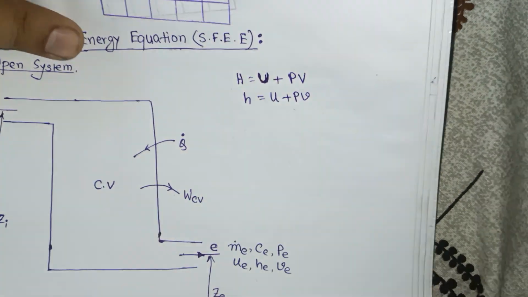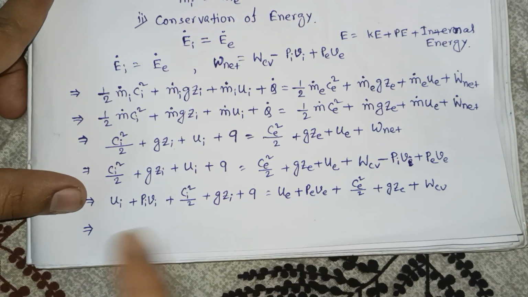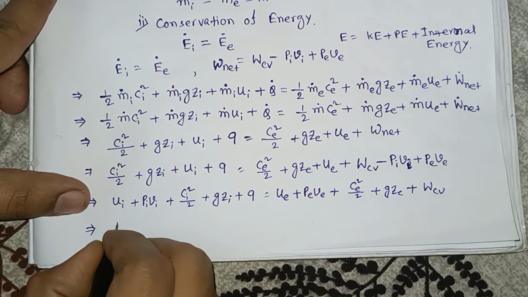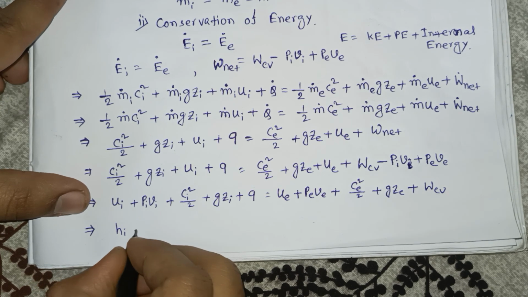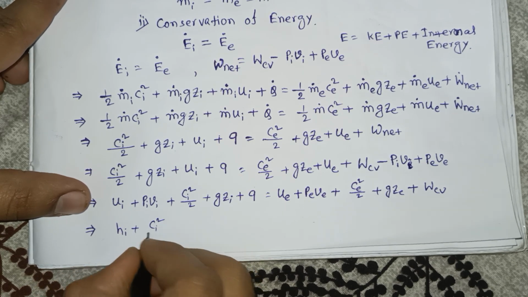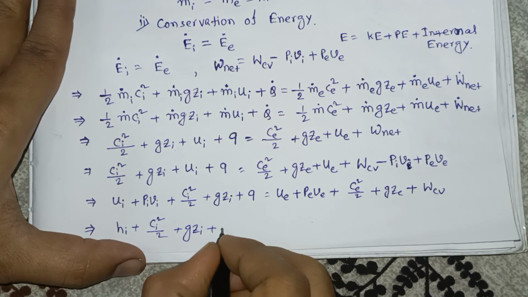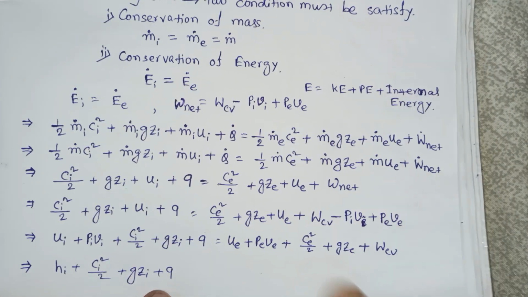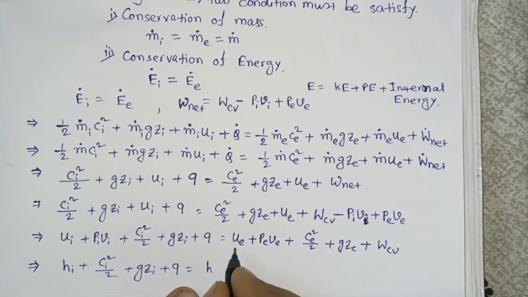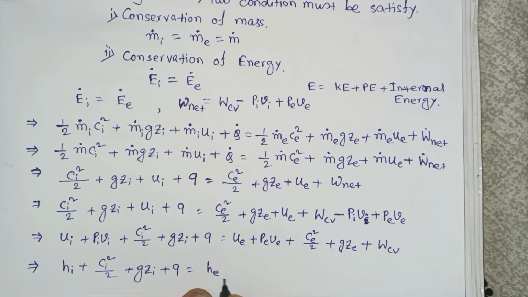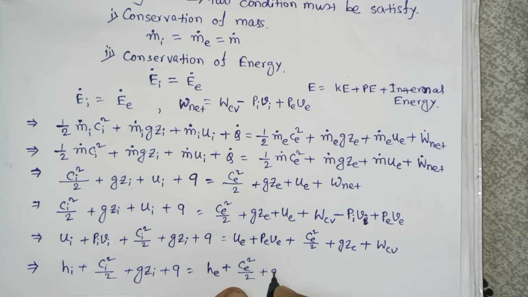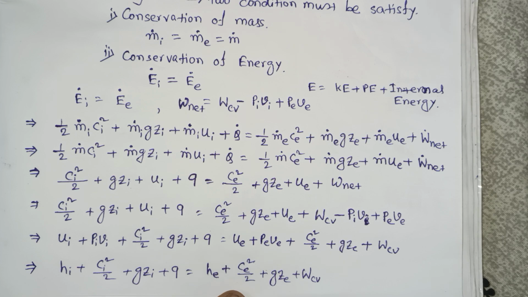So here Ui plus Pi Vi is the initial enthalpy Hi, plus Ci square by 2 plus g Zi plus Q, is equal to Ue plus Pe Ve, that is He, plus Ce square by 2 plus g Ze plus W of control volume.